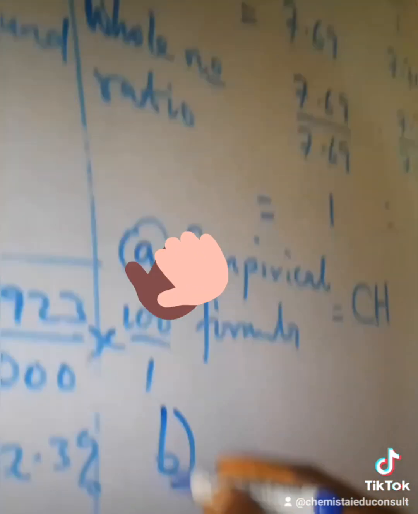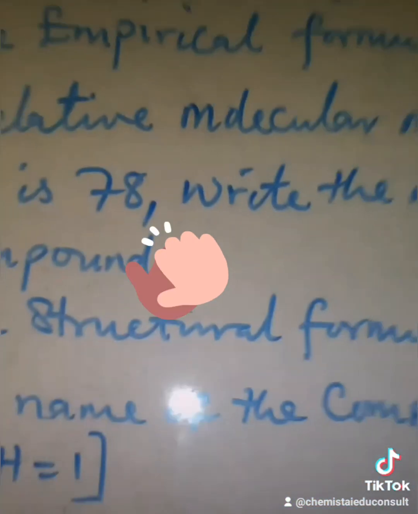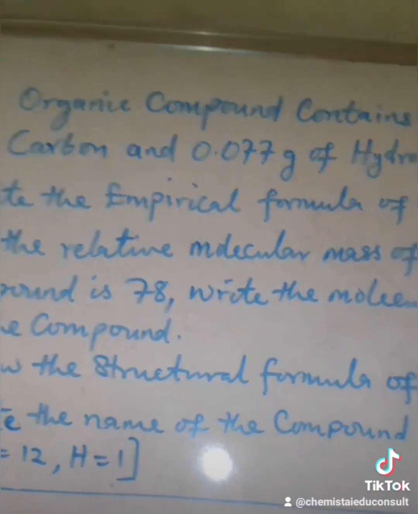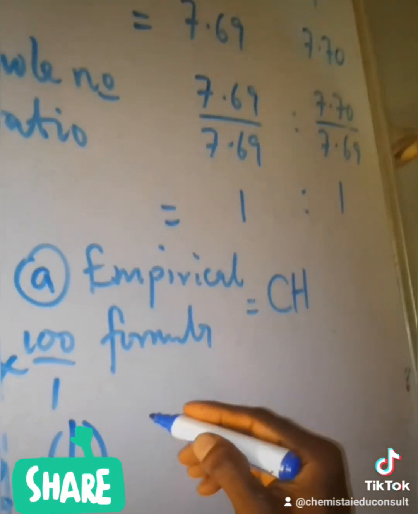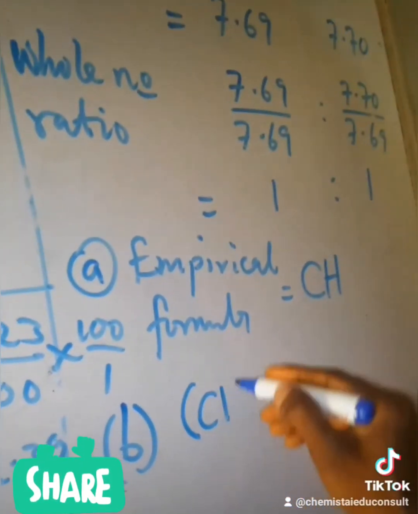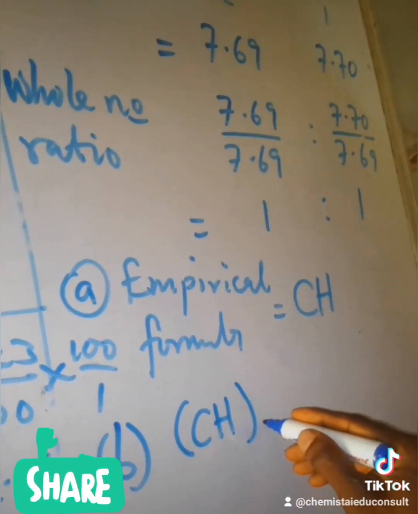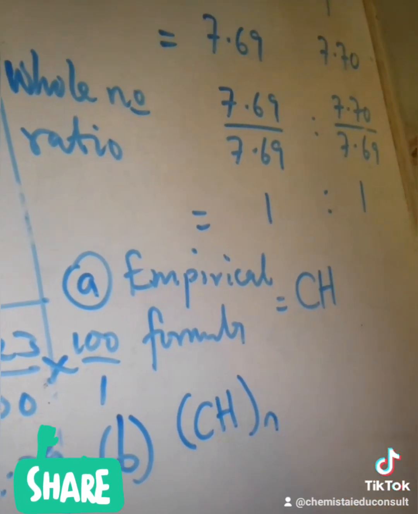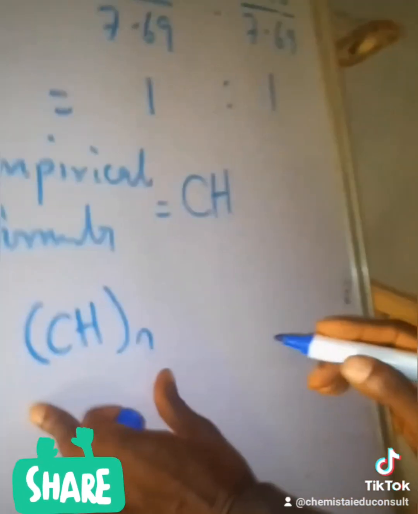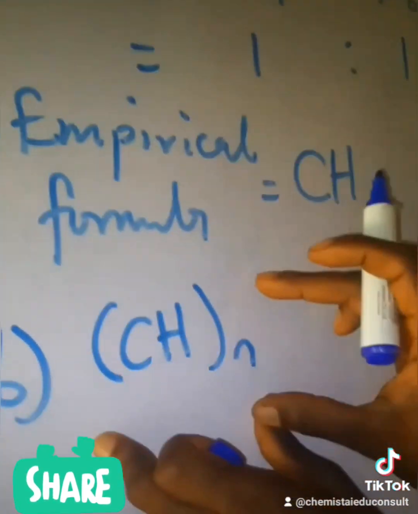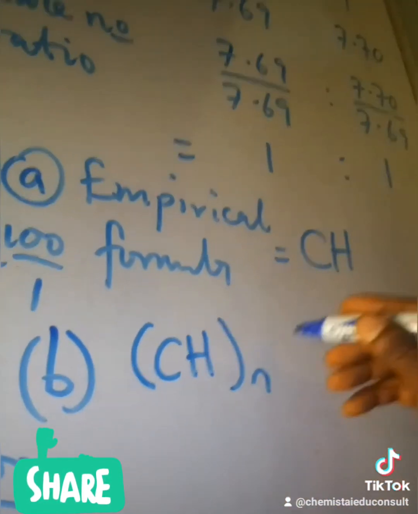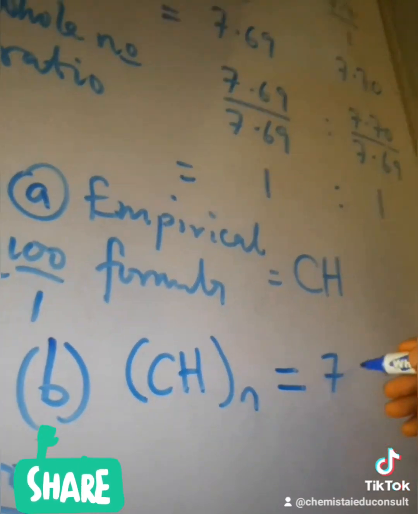Part B says, if the relative molecular mass of the compound is 78, write the molecular formula of the compound. So molecular formula is actually the empirical formula enclosed in a bracket with a whole number outside. This is actually the molecular formula. Now, the molecular mass of this molecular formula is given as 78.